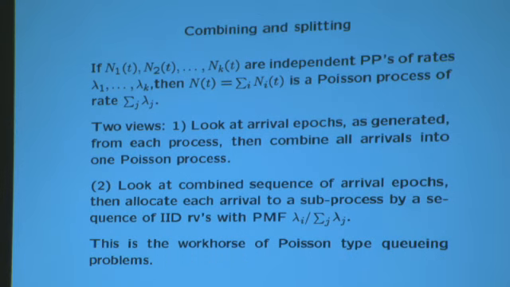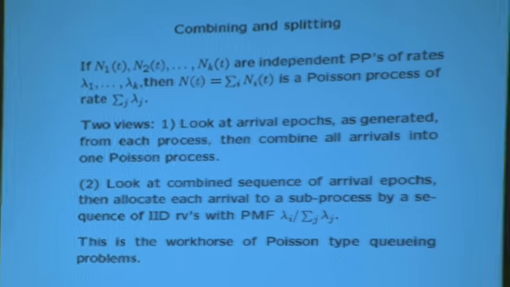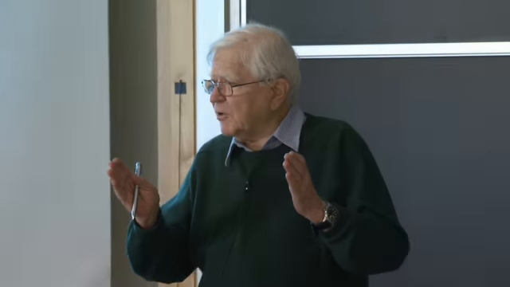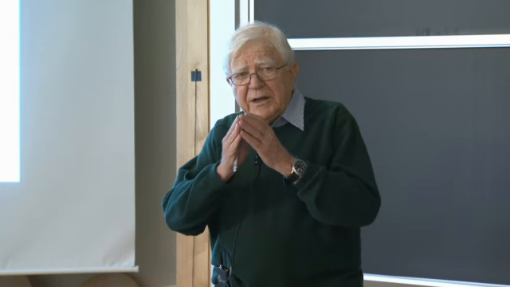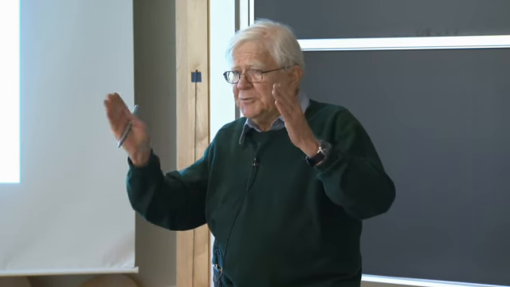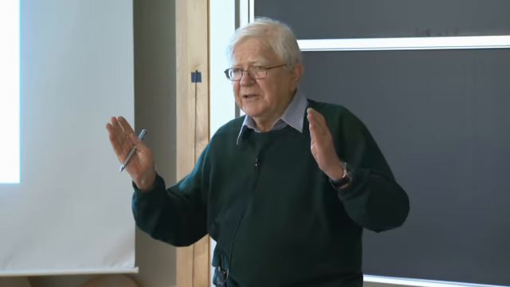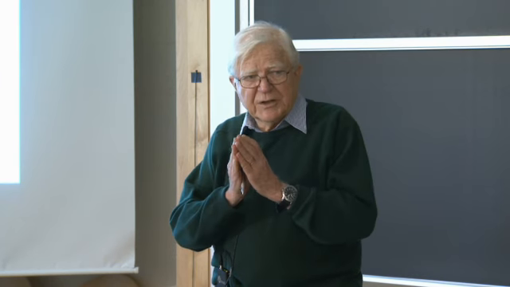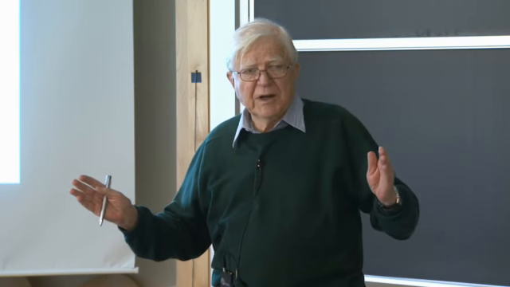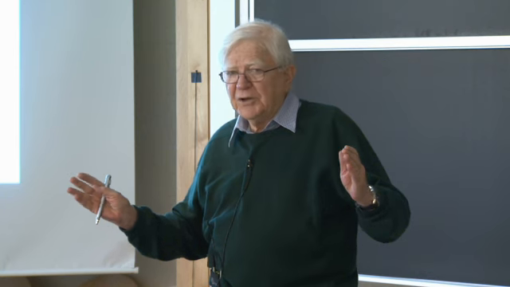What do you mean by a process being independent of another process? Well, the process is specified by the inter-arrival times for that process. So what we're saying here is the inter-arrival times for the first process are independent of the inter-arrival times for the second process, independent of the inter-arrival times for the third process, and so forth.